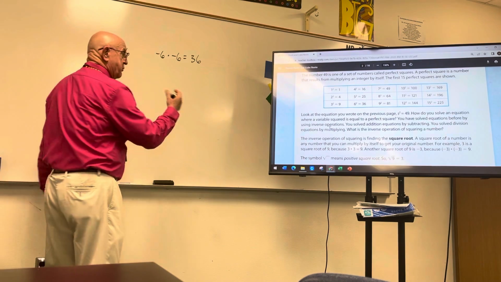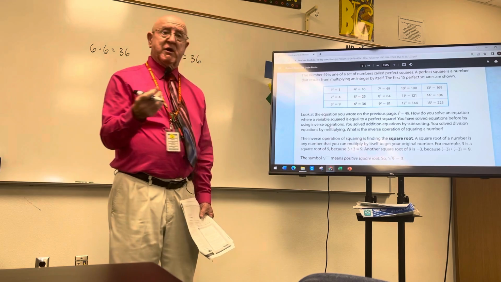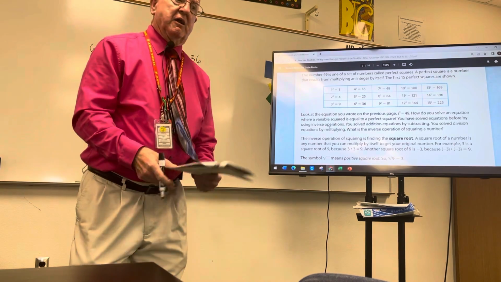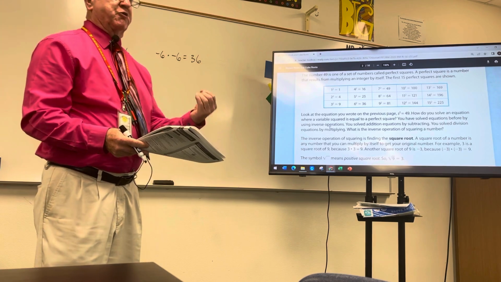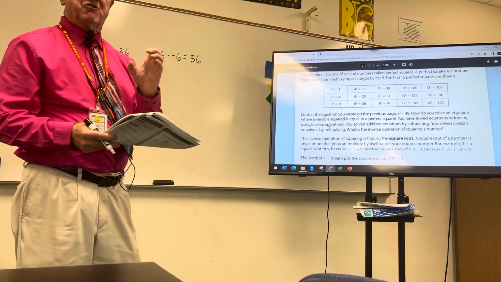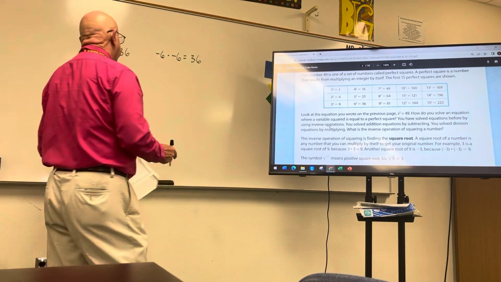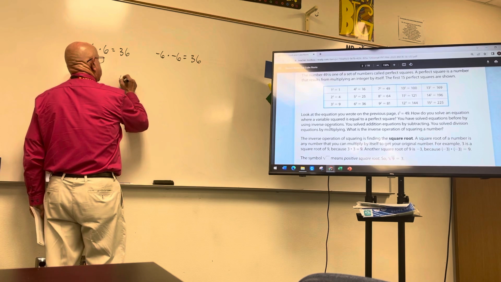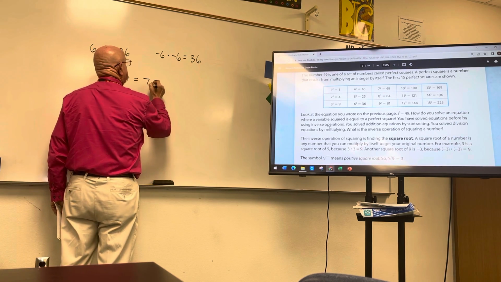A perfect square is when you multiply an integer by itself. The square root of a number is a number multiplied by itself that will give you that number. In this case, 49, right, is equal to 7 times 7, right?